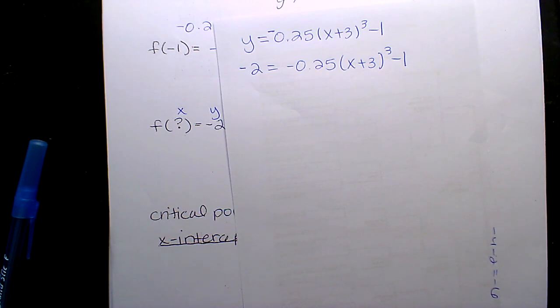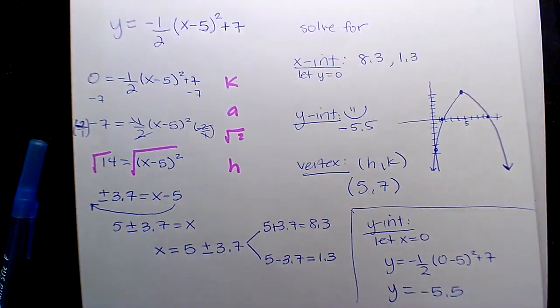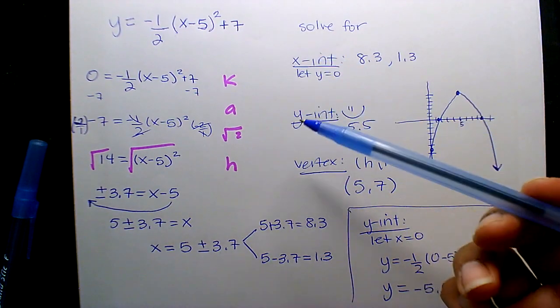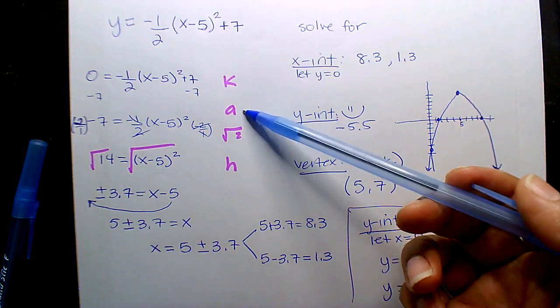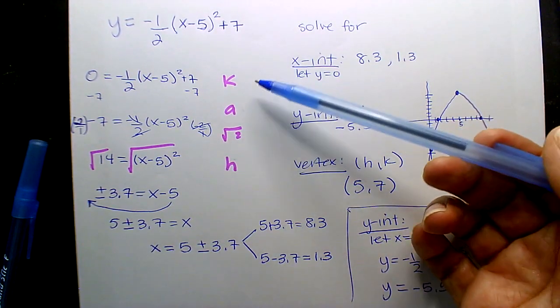Okay, so if I just kind of put this over it. Remember, we were solving for the inverse, or we were looking for the critical points, right? And we were doing x-intercept, y-intercept, vertex. This is always it. K, A, inverse the function, H. Non-negotiable, this is it.